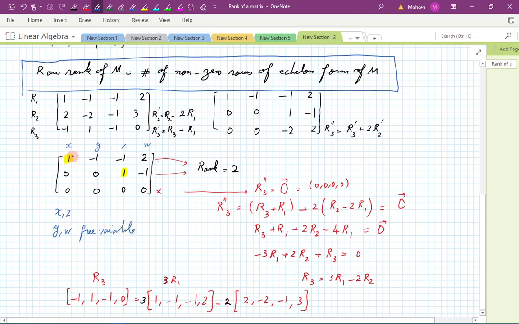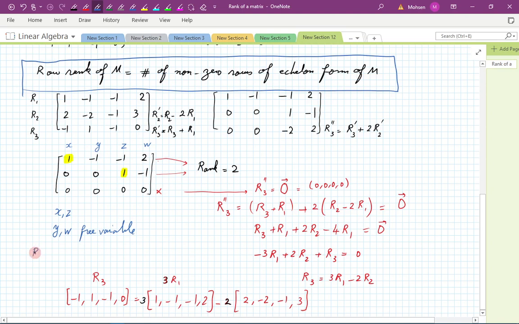Since I'm counting the number of non-zero rows, I can do another style of counting. I can count all the columns I have, or all the variables I have, and from that subtract the number of free variables. That will also give me the rank.